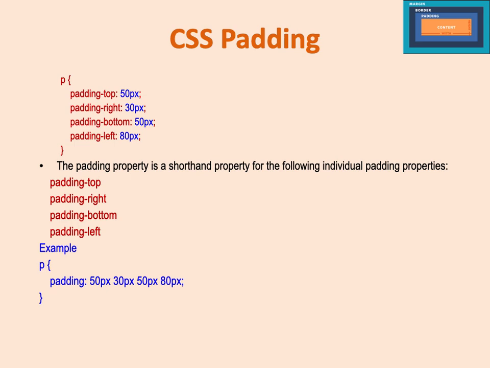That is, for top, right, bottom and left, it is given as P inside curly brackets padding colon 50px, 30px, 50px, 80px. So the first value is assigned to the top padding, the second value to the right padding, the third value is for bottom padding, and the fourth value is for padding left.